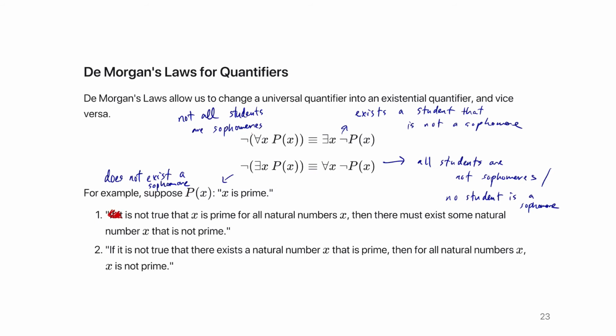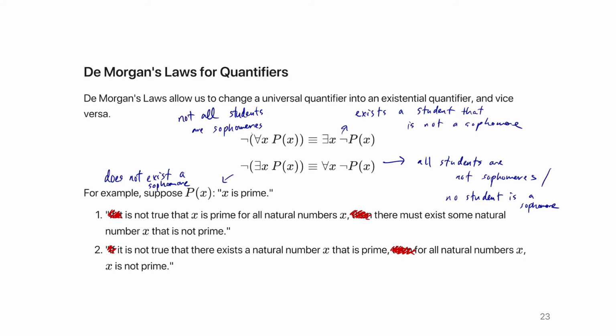So ignoring what's under the red, the two parts of each of these sentences are the same. Is that okay? And so this is an application of De Morgan's law.